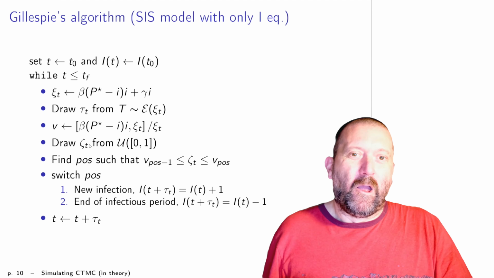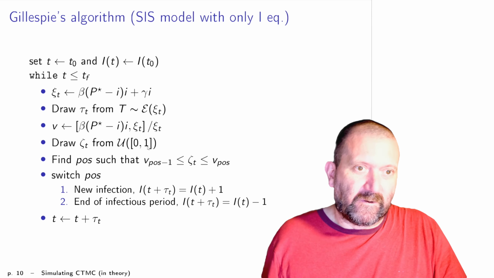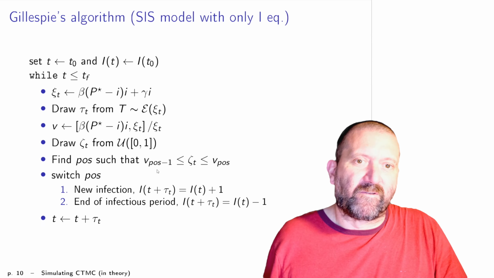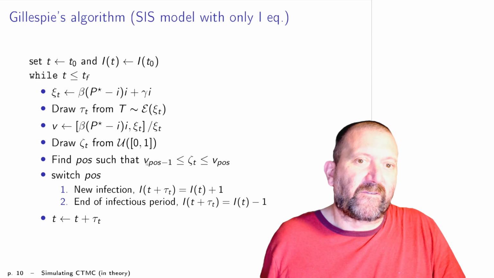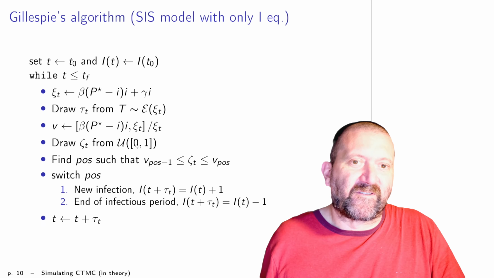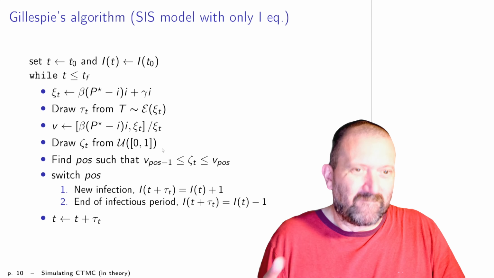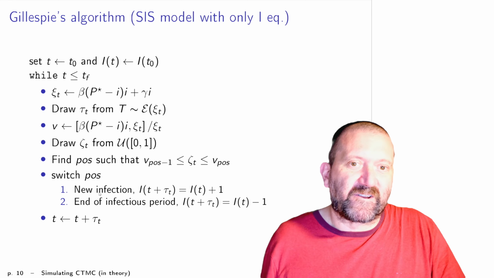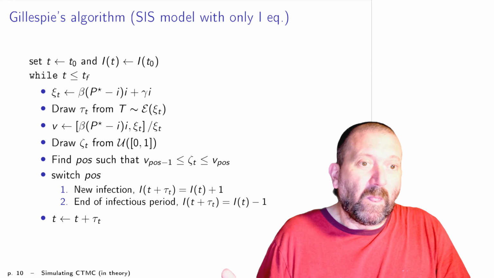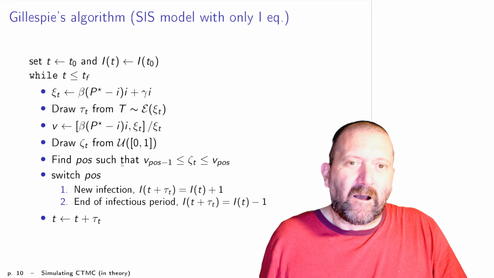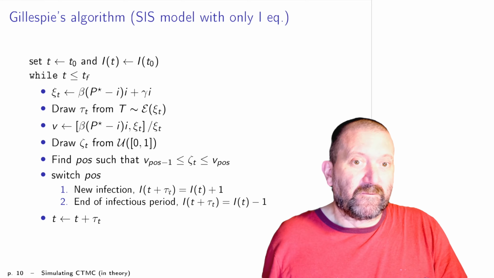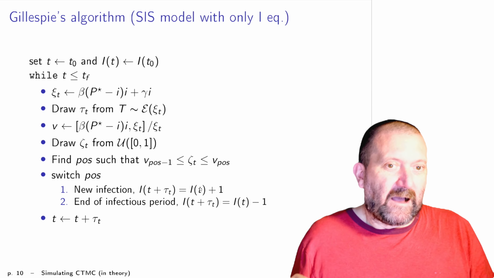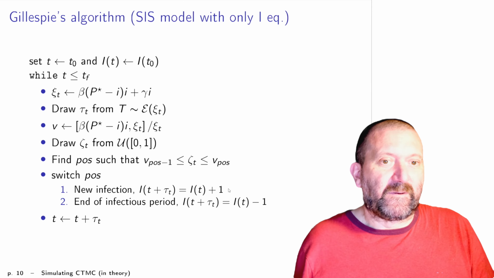Draw zeta from a uniformly distributed random distribution, and find the position in V where zeta falls. Depending on where that position is, if the value is 1, it means that we have a new infection, and so we're changing I of t into I of t plus 1.